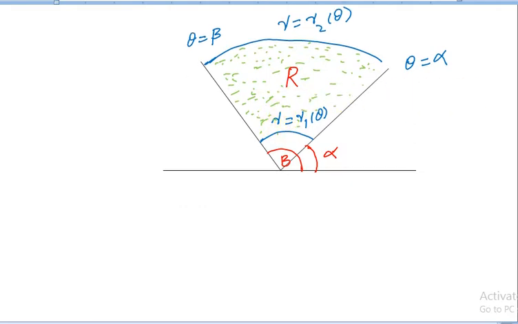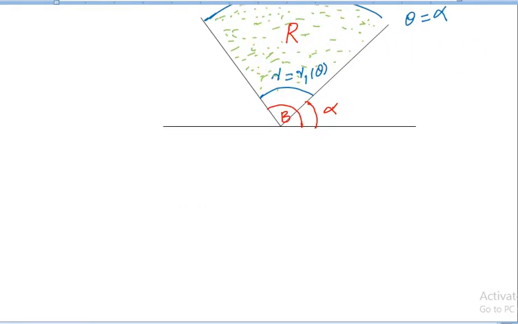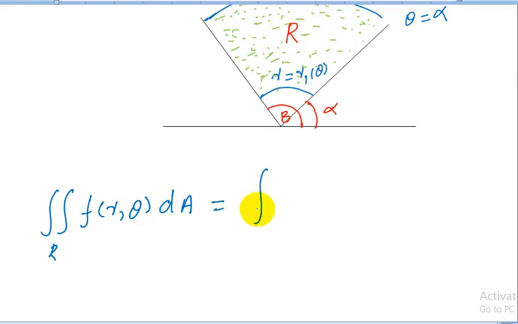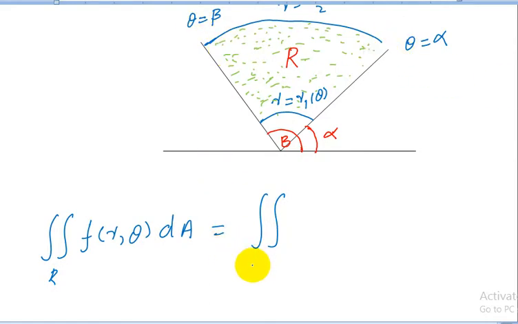Now double integration over this polar region can be written as double integration over region R. Here in polar coordinates, f is a function of r and theta, f of r theta dA is equal to the double integral where theta varies from alpha to beta, and this region is bounded by two polar curves.